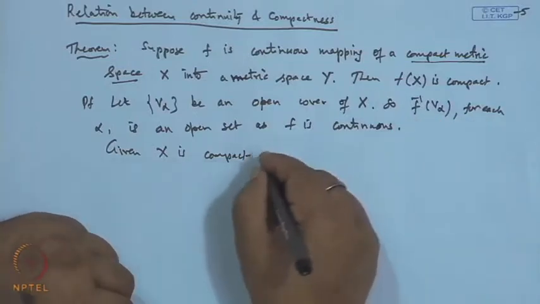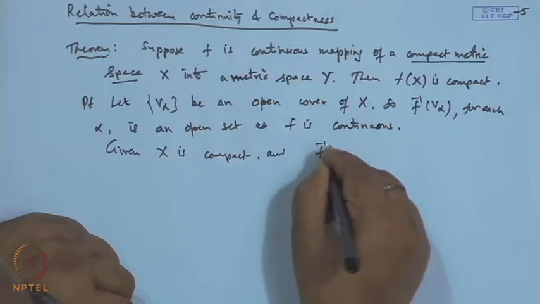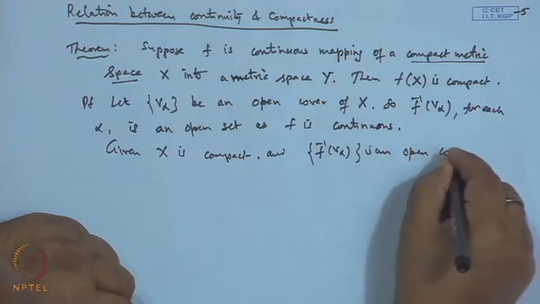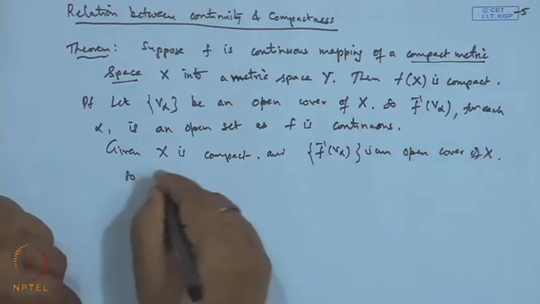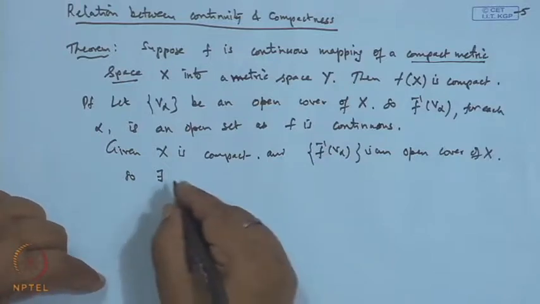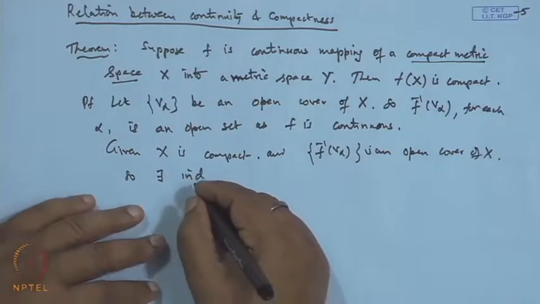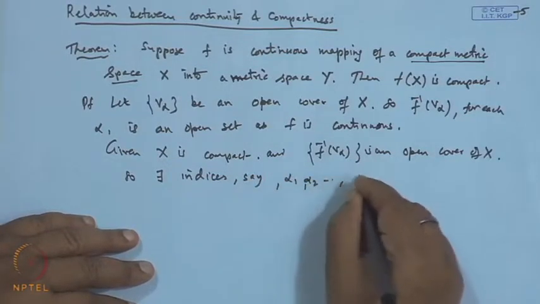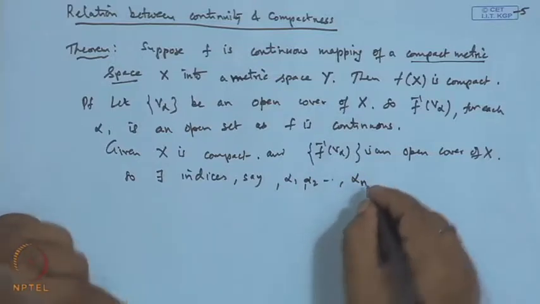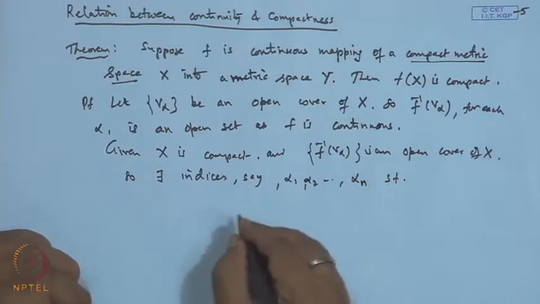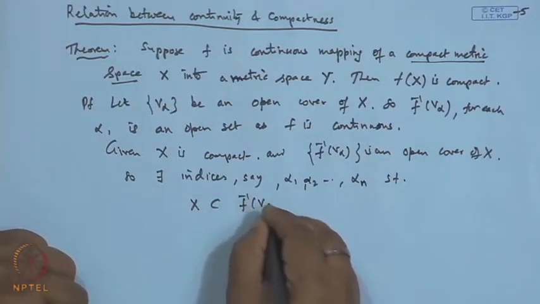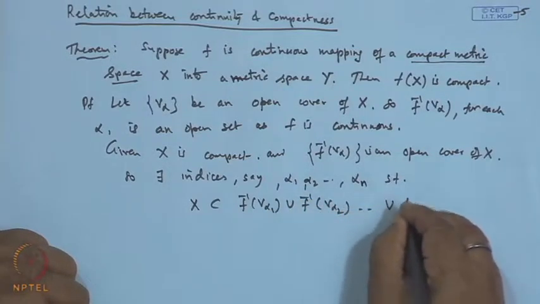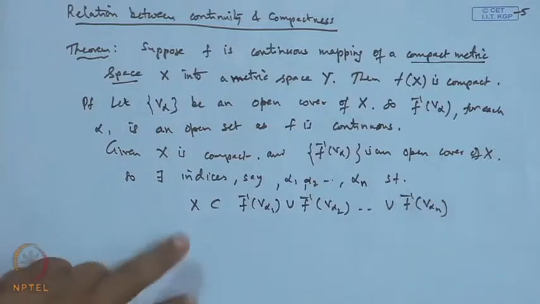So, there exist indices alpha 1, alpha 2, up to alpha n, such that the finite union f inverse V alpha 1 union f inverse V alpha 2 union up to f inverse V alpha n will cover X, because X is compact.